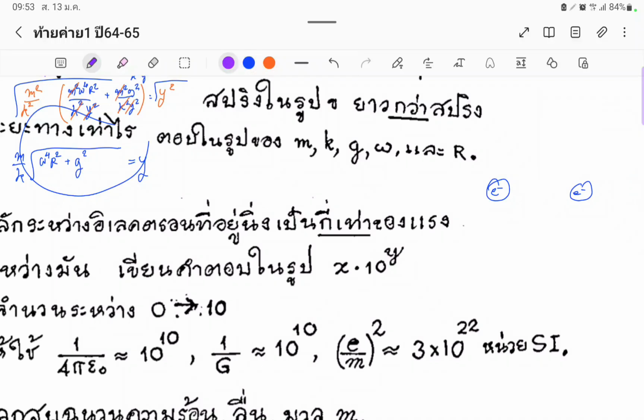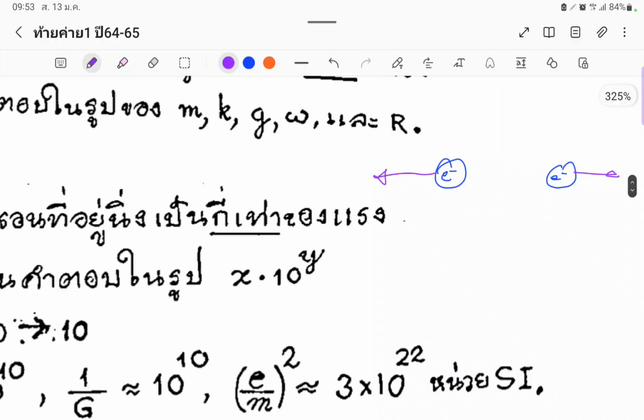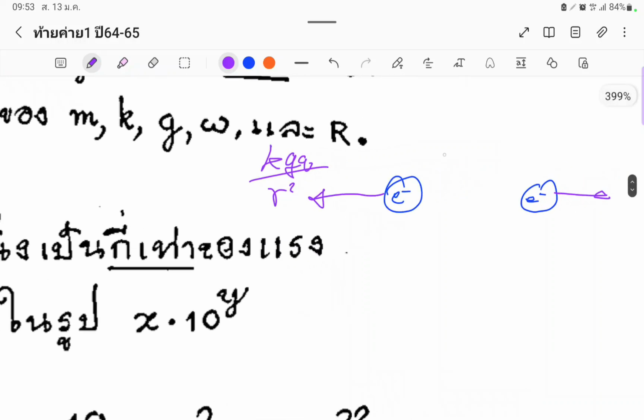Yes, there are 2 forces. One is the electric force that's going to act in the outward direction because these two have a negative charge. This is kq squared by r squared by Coulomb's law. And then there is an inward force, which is gravity, that is Newton's law, Gmm by r squared.